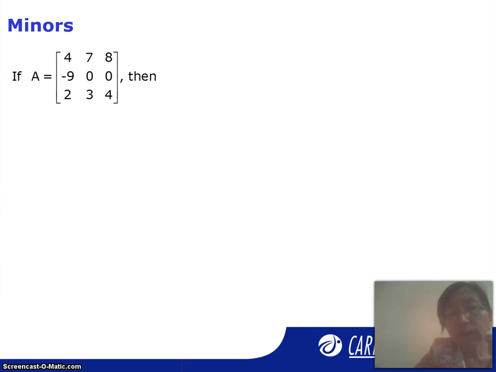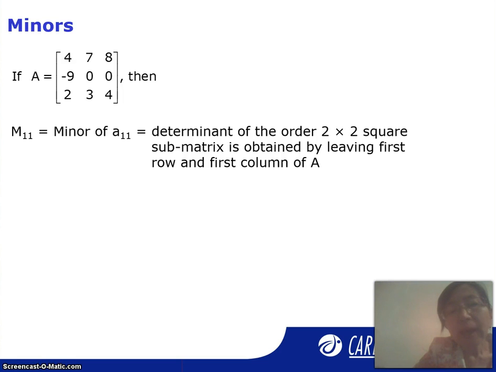If A is a matrix of third order, then M11, this is the minor of element A11, will be equal to the determinant of the order 2 by 2 square submatrix obtained by leaving out the first row and first column of A. So if we leave out the first row and first column of A, we obtain the determinant of second order 0, 0, 3, 4.